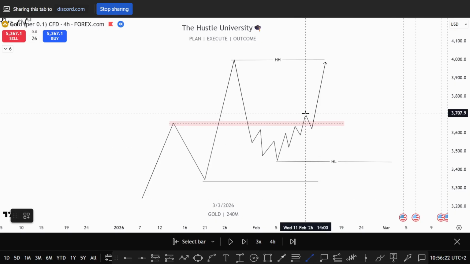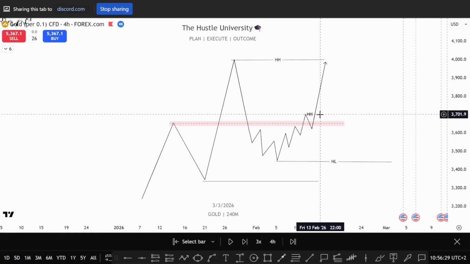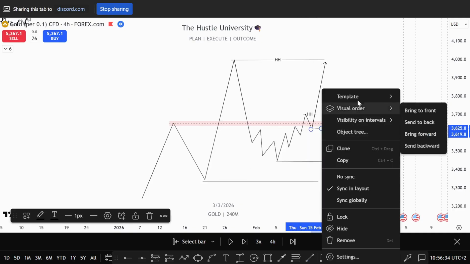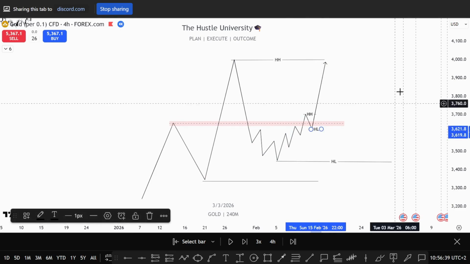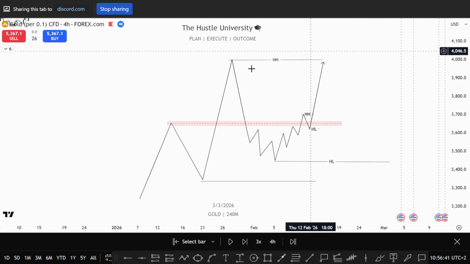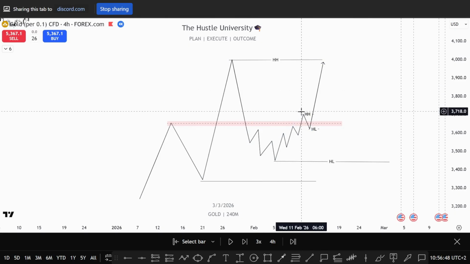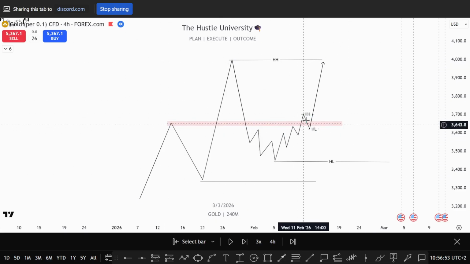So price breaking above here should be doing the same thing even on a smaller time frame, which should also be a higher high, as you can see, and also a higher low, above this area. I'm stacking them up because they should correct each other, especially if this is happening on the higher time frame, being the 4 hour and the 1 hour, and this happening on the 15 minutes. Even if this is happening on the 15 minutes, this can be happening on the 5 minutes, where price will be giving you higher highs and higher lows.